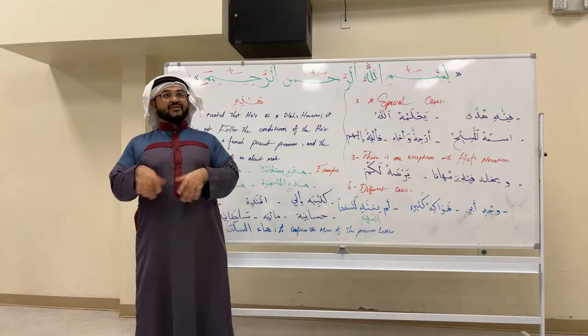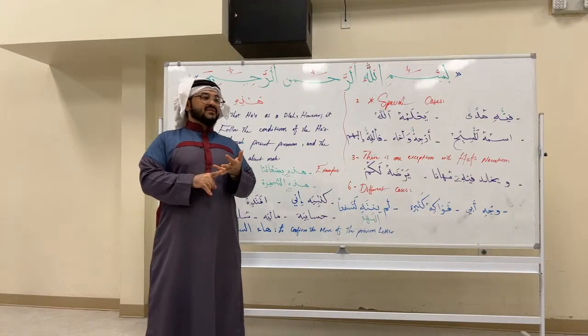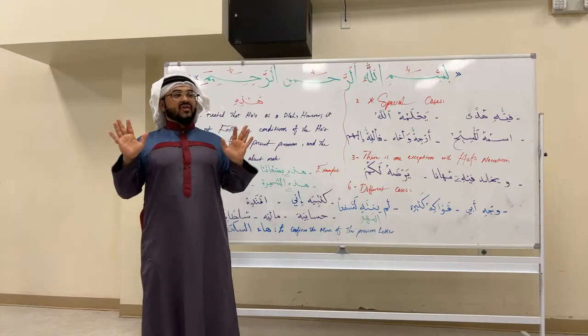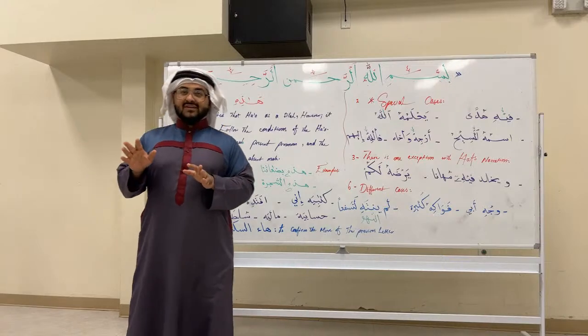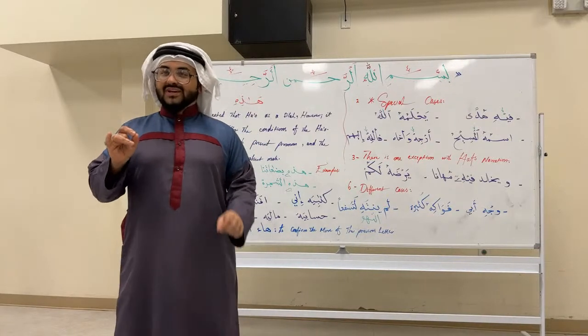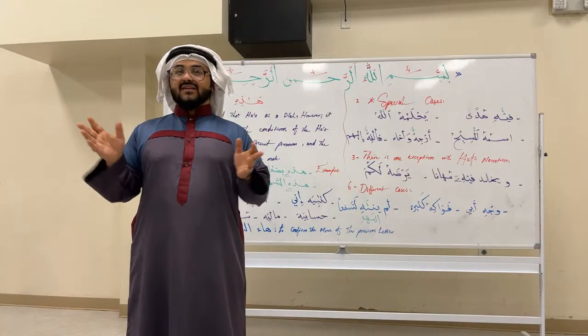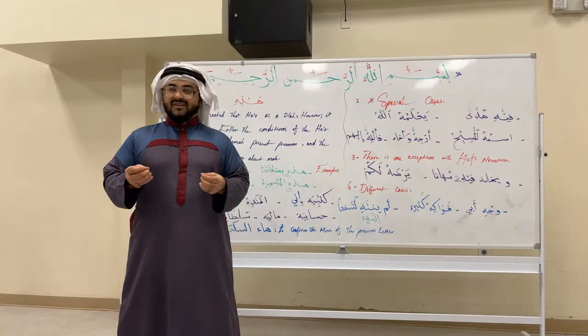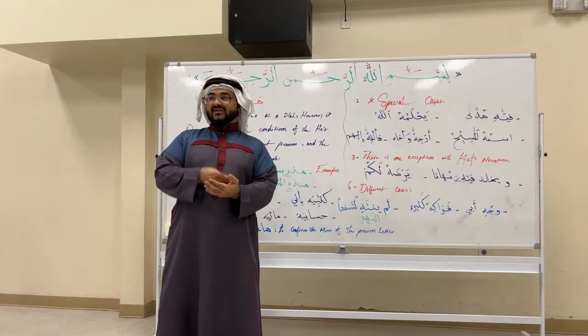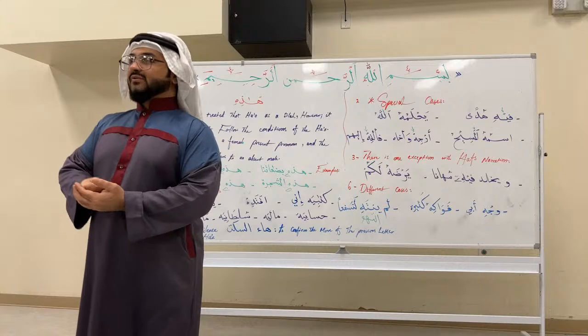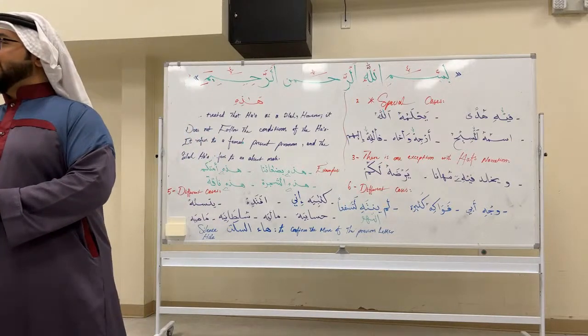The ha refers to a singular, absent, male. It's called ha dhamir, pronoun. But there's one more condition in general, something about the ha. The person who gives me this point, the first person to get it.